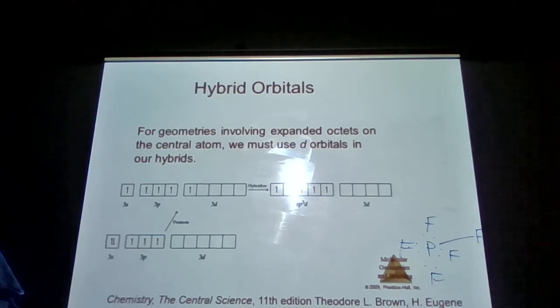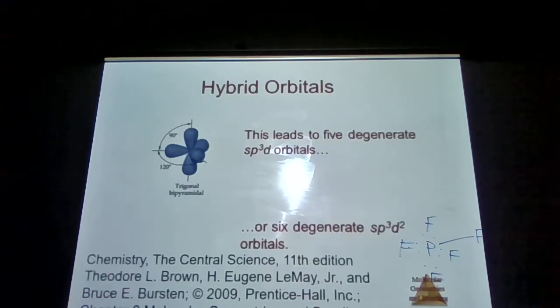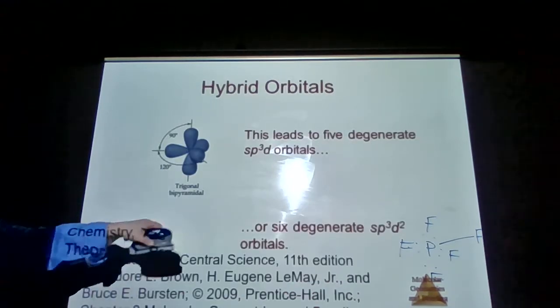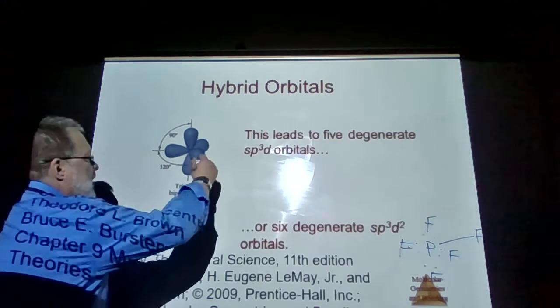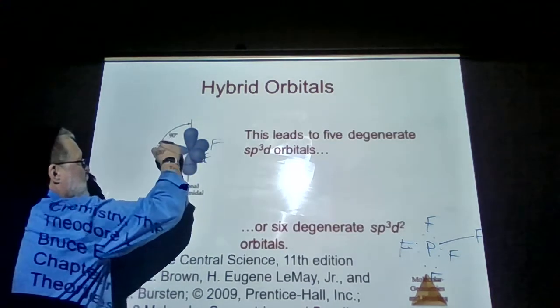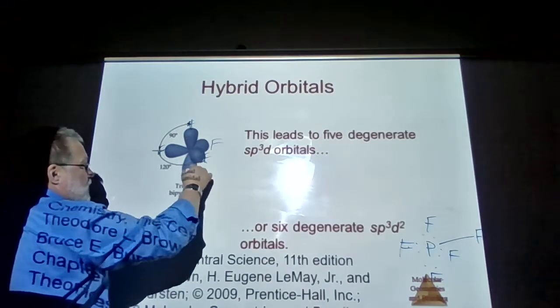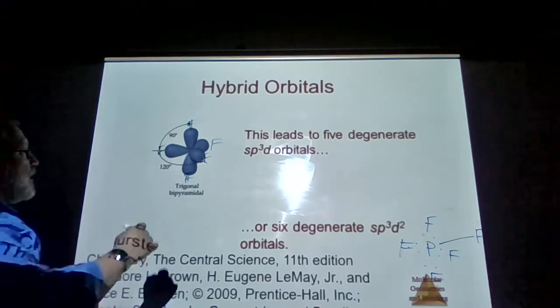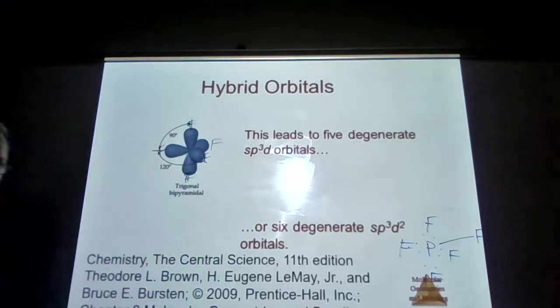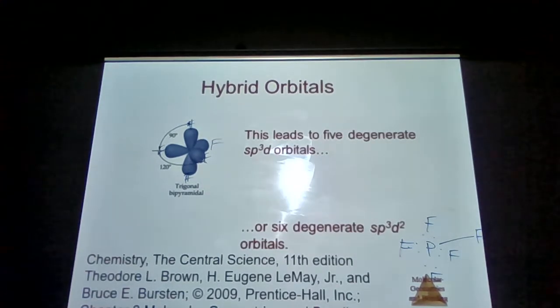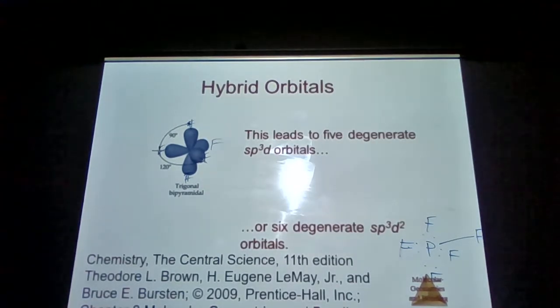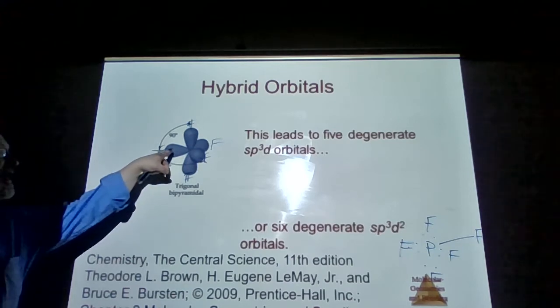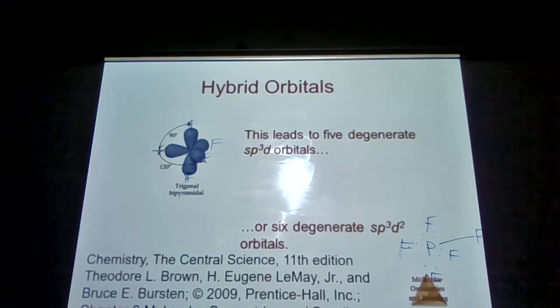So the overlap that we see in phosphorus pentafluoride, we have fluorine here, fluorine there, fluorine there, fluorine there, and fluorine there. Each of these purple or blue colored shapes are the sp3d orbitals.